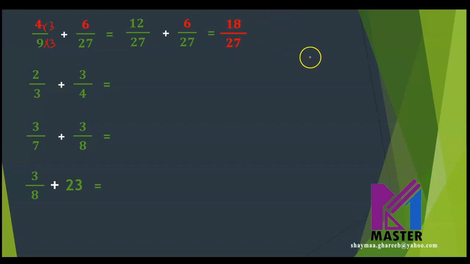So I can simplify by dividing up and down by 9. So when I divide up and down by 9, I will get 2 over 3. And I can also simplify this fraction from the beginning by dividing by 3 up and down. So I will have 2 over 9.